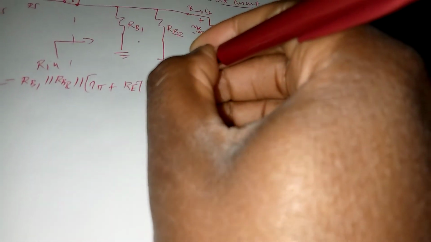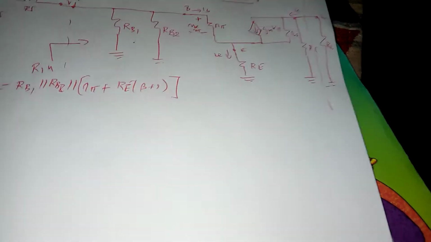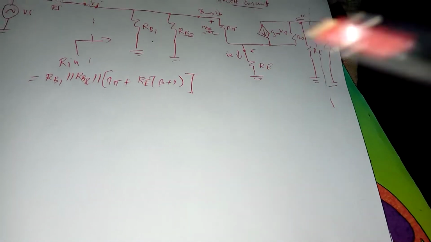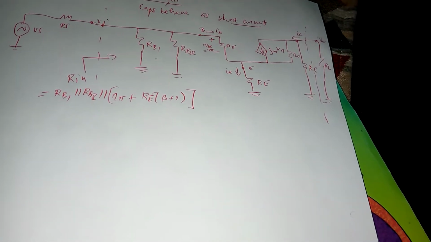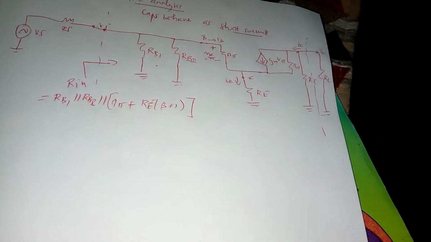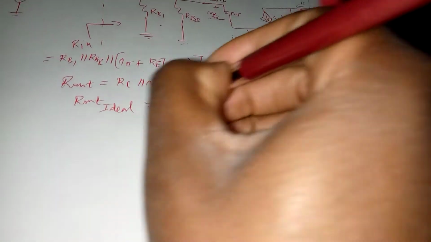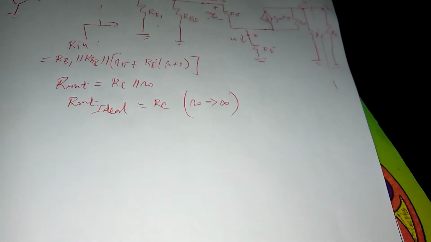So there's similarity with the double resistor single rail, which is the very first one we studied. Just that here we've got a single resistor, which is RE. The other one had two, of which one became obsolete in AC analysis because it was bypassed by a cap. R out is still the same, RC in parallel with RO. Ideally, R out ideal is just RC, because RO is equal to infinite in that case.